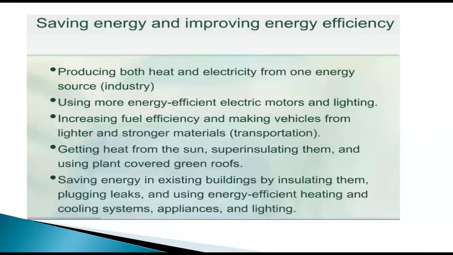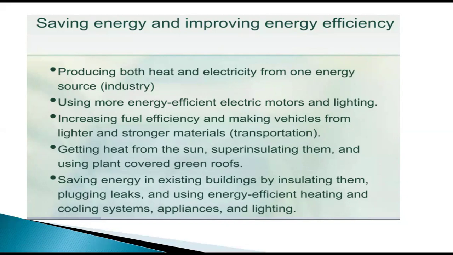The next one, saving energy and improving energy efficiency is also possible here by producing both heat and electricity from one energy source. From one energy source we can utilize heat and also electricity.